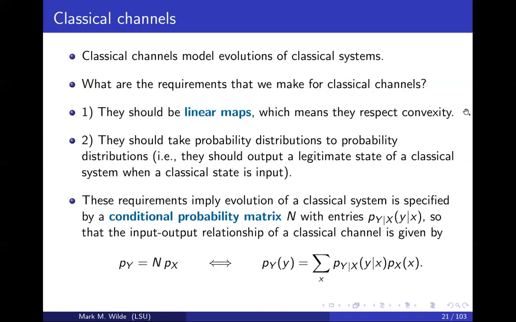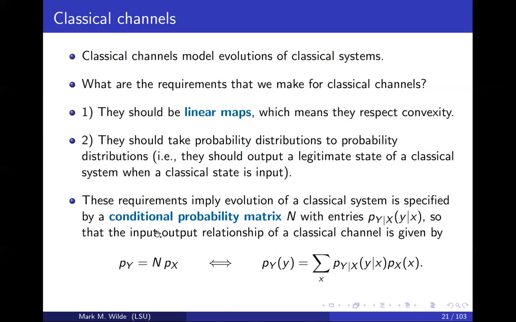Okay. And so you put together these two basic requirements that we would expect, and then you can conclude from that. We won't prove it, but there's a way to prove it. These requirements imply that the evolution of a classical system is specified by a matrix, and that's called a conditional probability matrix with these entries. It has two indices, one is for the output, one is for the input.